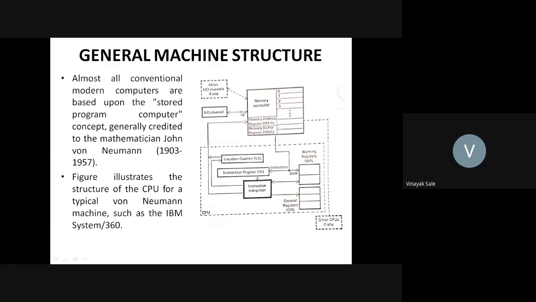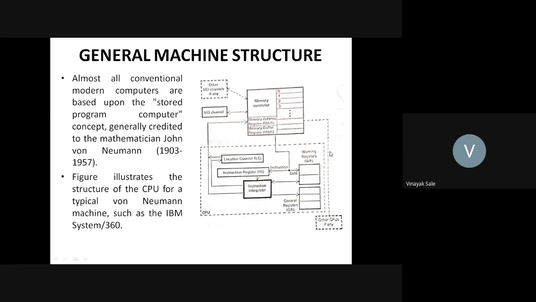For that memory, there is connection of input output channels. Main basic input output channels such as mouse, keyboard, monitor; other channels such as printers, speakers, and other peripheral devices. Then this memory management is connected with the CPU, central processing unit.